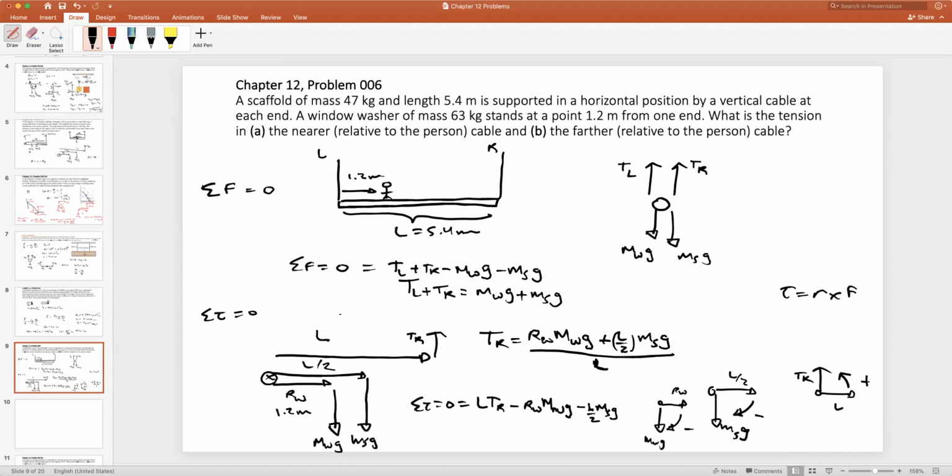And once I find this, I can then find TL from the other equation by substituting this in. I know the masses, I know G, 9.81. On an exam, you could use 10, but for Wiley Plus, please use 9.81 for G.